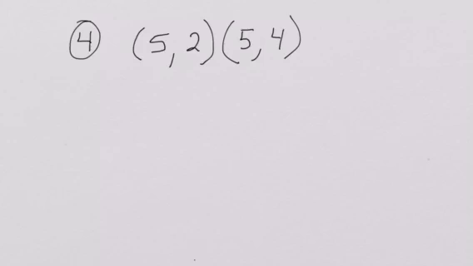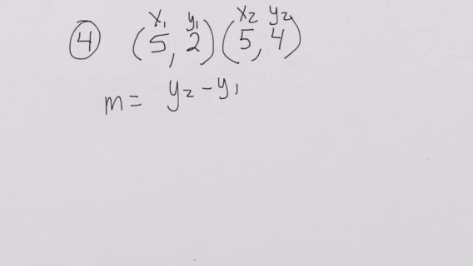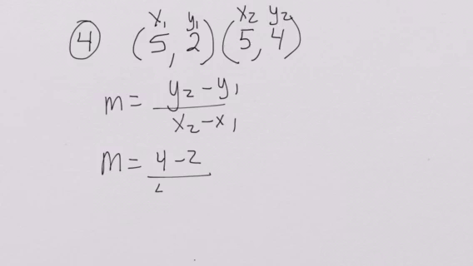All right, x1, y1, x2, y2. M is equal to y2 minus y1 over x2 minus x1. M is equal to 4 minus 2 over 5 minus 5.